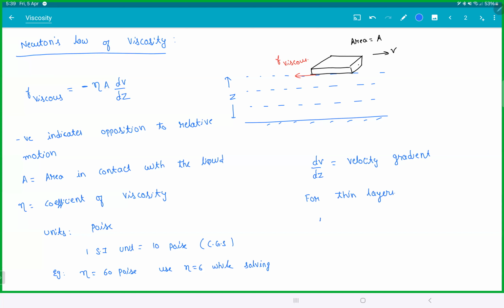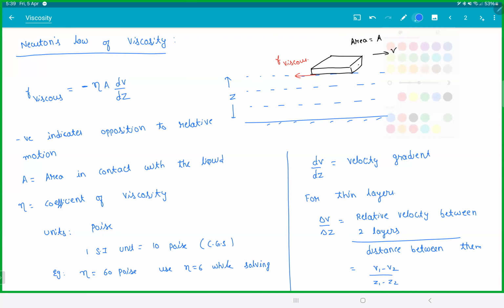For thin layers, we can write this as delta V by delta Z, which is the relative velocity between two layers divided by the distance between them, just like V1 minus V2 by Z1 minus Z2. You can do this for thin layers. This is the main formula that you can note down.